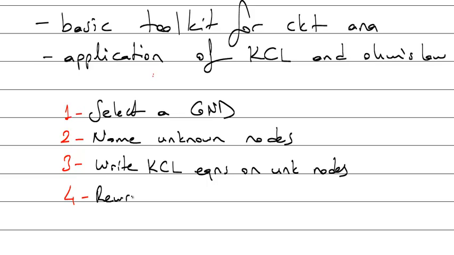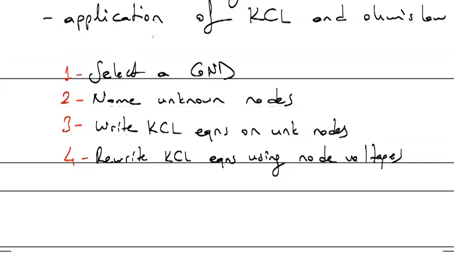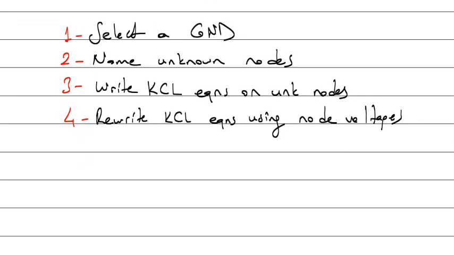Then step 4, rewrite KCL equations using node voltages. KCL equations are currents. Step 4 says write those currents in the form of node voltages.